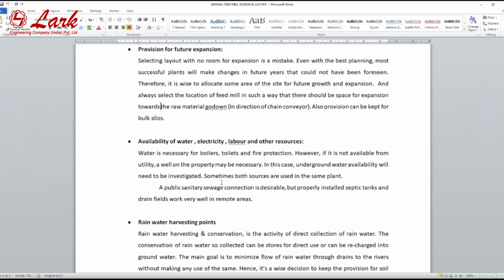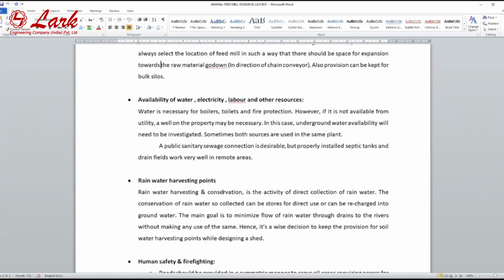Then all other factors: the availability of water, electricity, labor. There are many points where there is no transport union. You can have very good logistics, like in Punjab there is an area, Rajpura and Khanna, Rajpura especially. There, even the return vehicles from Rajpura can convey the feed up to Jaipur, Uttarakhand, some parts of UP, Bihar, Gujarat; there is that much connectivity. So with respect to the availability of vehicles and the logistic cost, we can select the location of the feed mill.